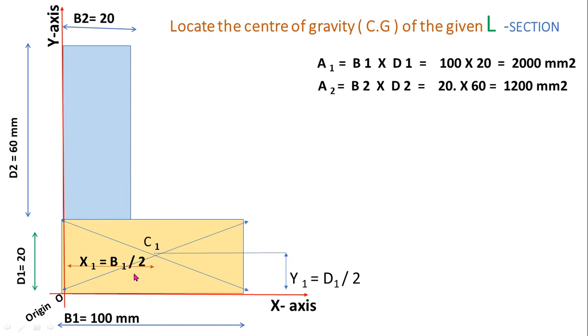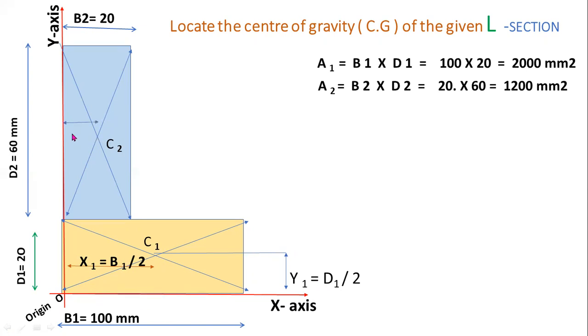So this is the position of the centroid with respect to the origin. In a similar way, you draw diagonal lines for this vertical rectangle. Now this intersecting point is the centroid of the vertical rectangle. Okay, C2 is the centroid of this vertical rectangle.